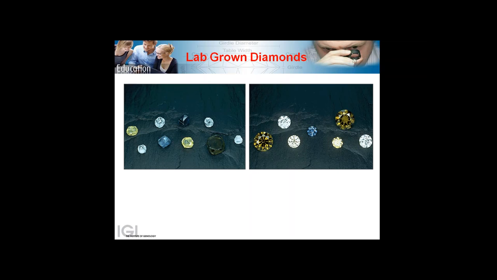So this is CVD. They are more tabular, they are more flat. You don't get very large stones, but yes, above a carat also. Mostly stones would fall below a carat size, right?